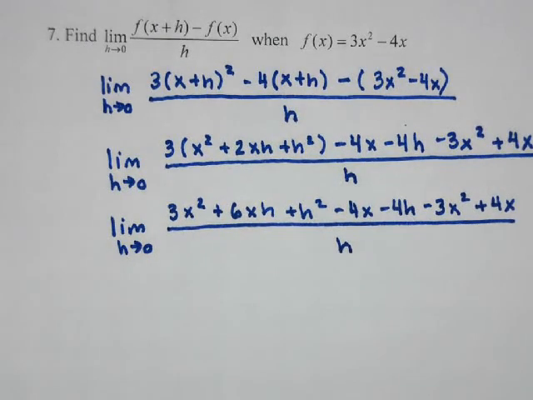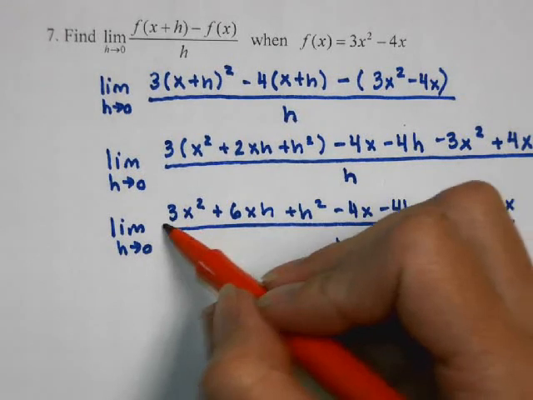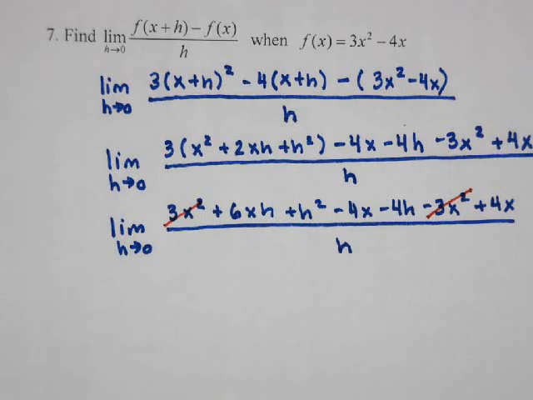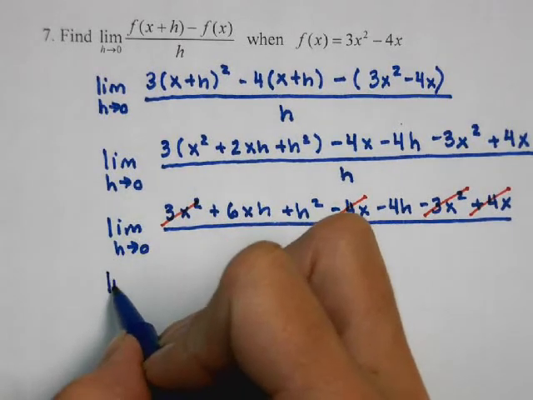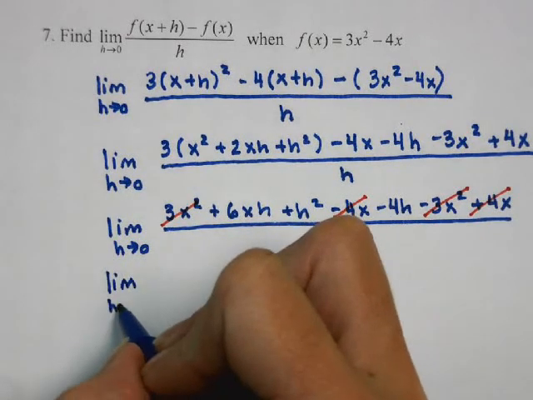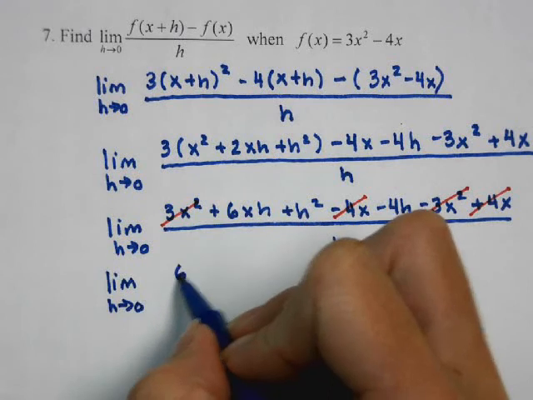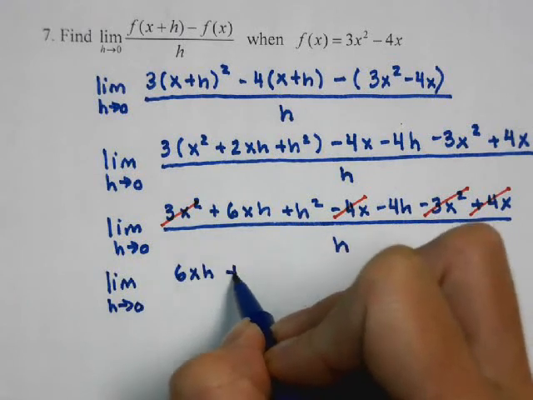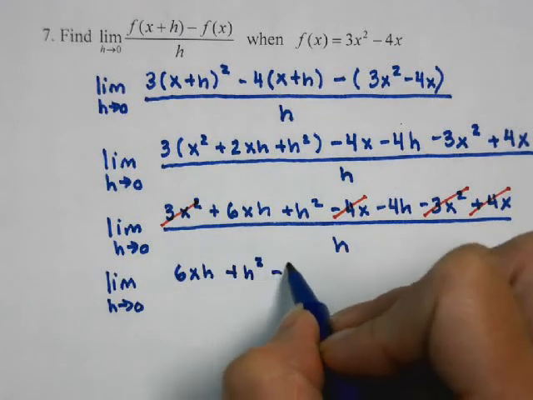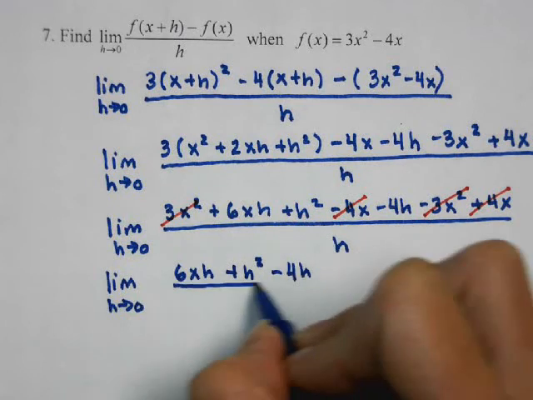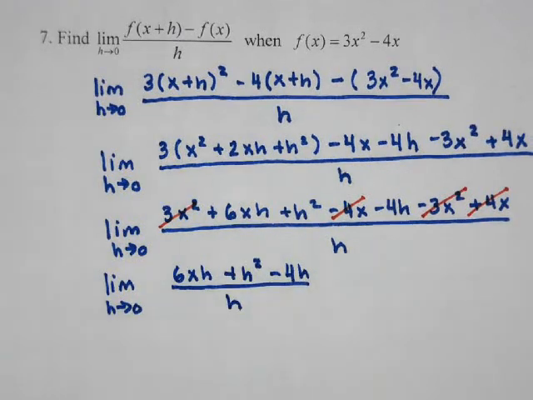So let's look at what we have here. We have a positive 3x squared and a minus 3x squared. We have a negative 4x and a positive 4x. So that leaves me with 6xh plus 3h squared minus 4h all over h.